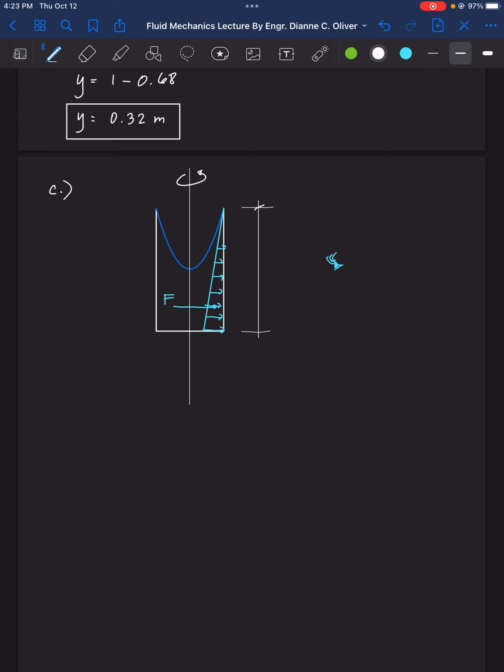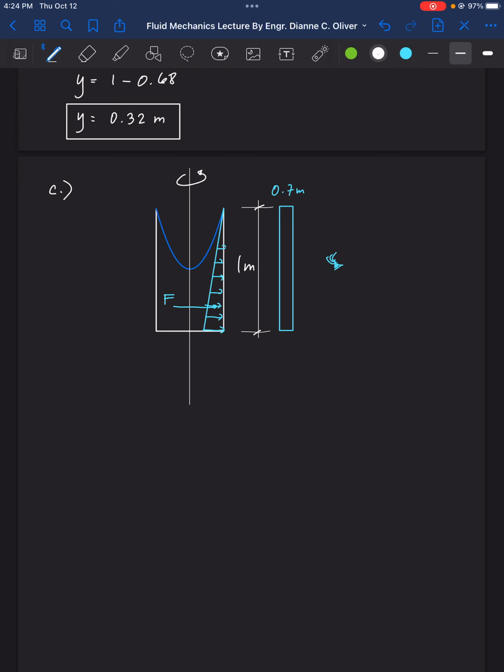So this is 1 meter. What we can see here is a rectangle, and this rectangle has the dimension 0.7 meter length and then 1 meter height.